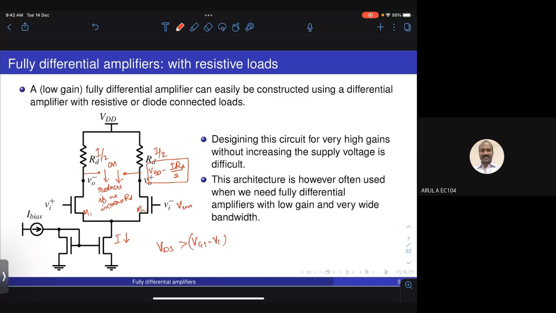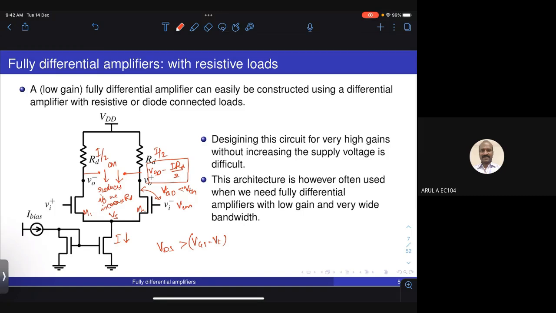If this is my source potential Vs, then VDS is basically VDD minus RD by 2 minus Vs, and VGS minus VT is VCM of the input minus the source potential Vs. So essentially the voltage difference between the gate and the drain should be less than one threshold voltage for the transistor to be in saturation. That puts a limit on the maximum current that you can burn, the highest value of RD that you can use, and so on.